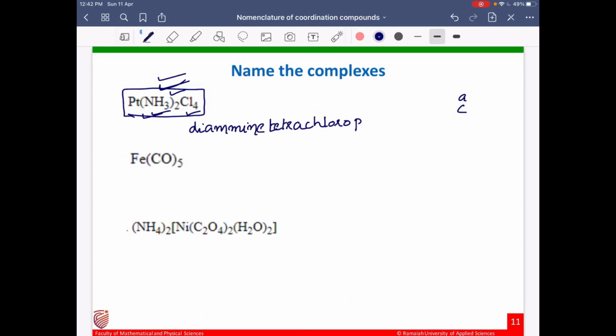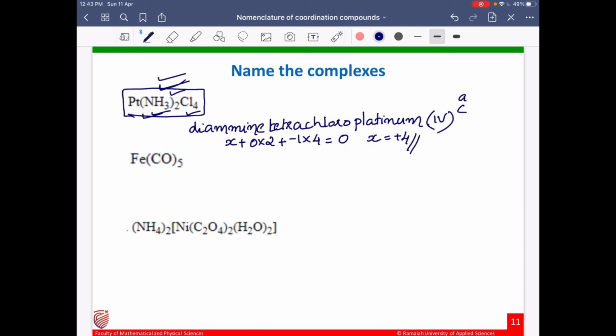Now platinum. Not finished. We have to put the oxidation state of platinum. I'm giving the platinum oxidation state as X. Ammonia doesn't have any charge, but chlorine has -1 charge, total 0. So X should be +4 as per the calculation. So I have to put that oxidation state after we write the name of the central metal atom, which is platinum.